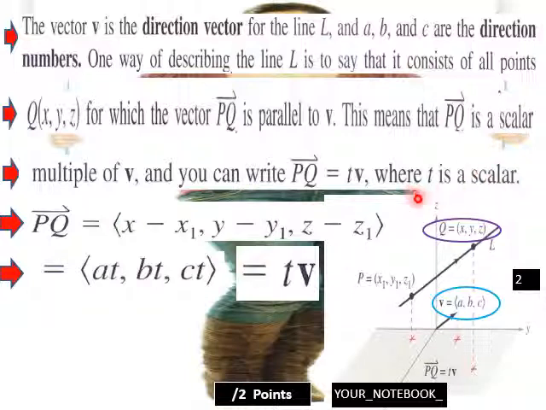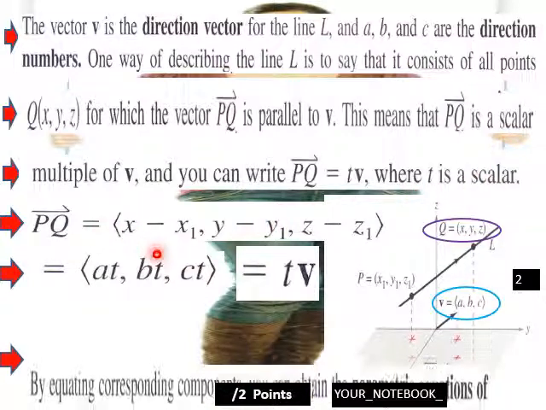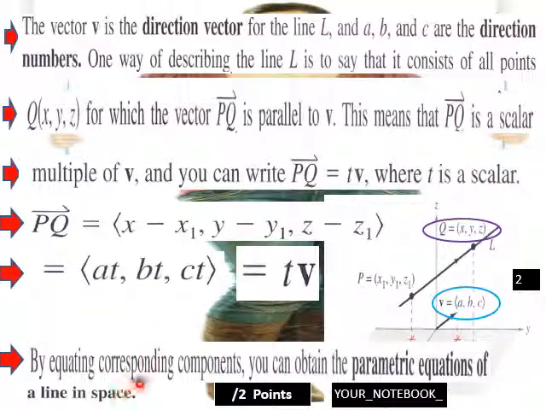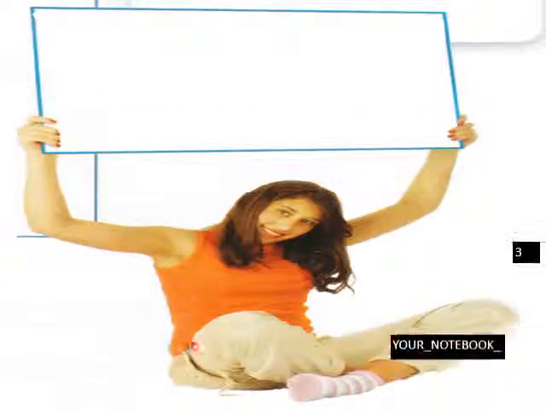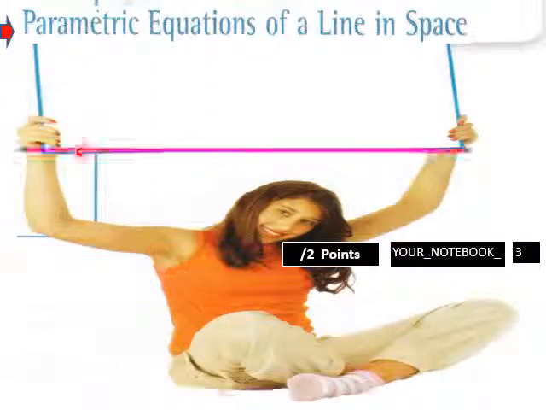By equating corresponding components, you can obtain the parametric equations of a line in space.